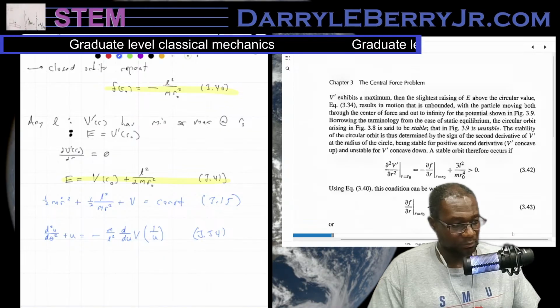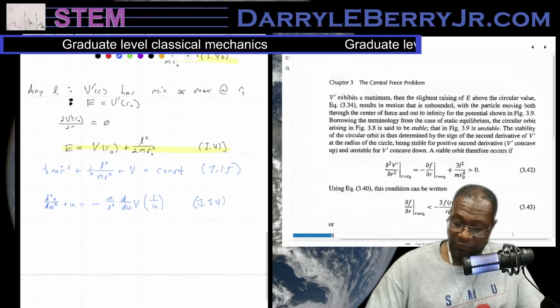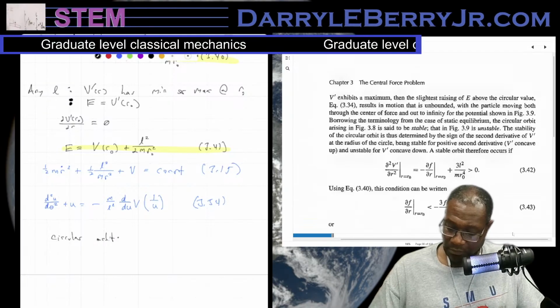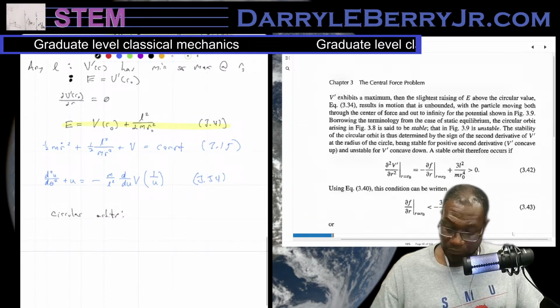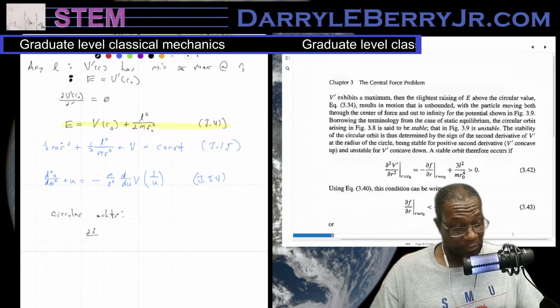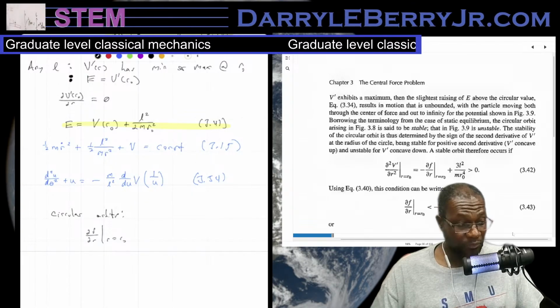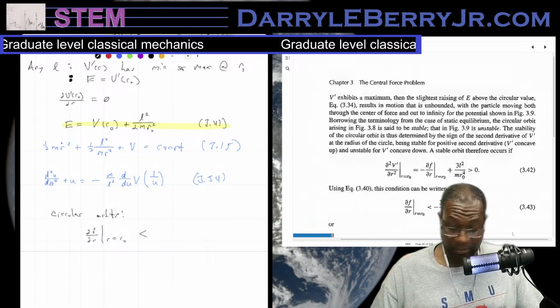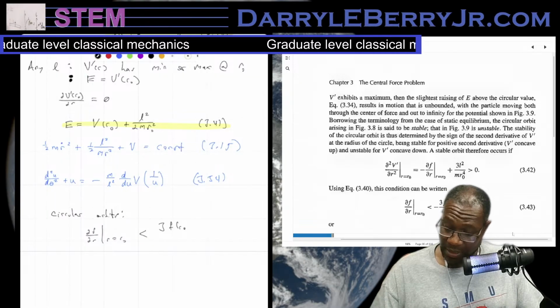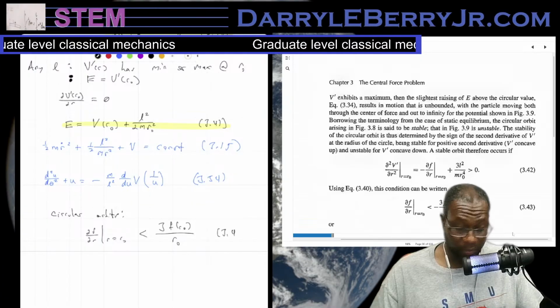All right. So for circular orbits, partial F over partial R at R naught is less than 3 F(R naught) over R naught.